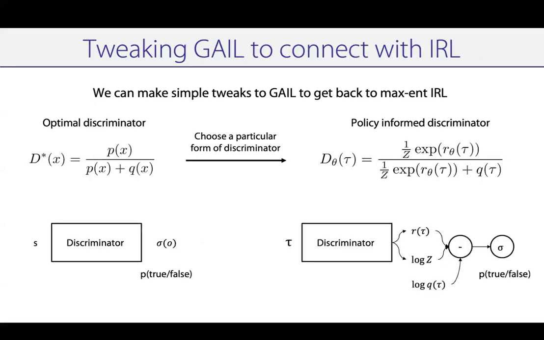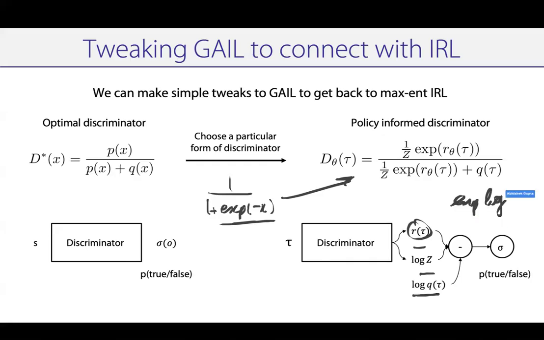Oh yeah, so the logic here was that if you do your sigmoid, and you want your sigmoid to map out to this thing, the thing that you feed into the sigmoid is r tau minus log Z minus log Q. And basically the log Q thing will disappear, because if you take the exponent of the log, you will just get Q. And so that's how you get this thing.